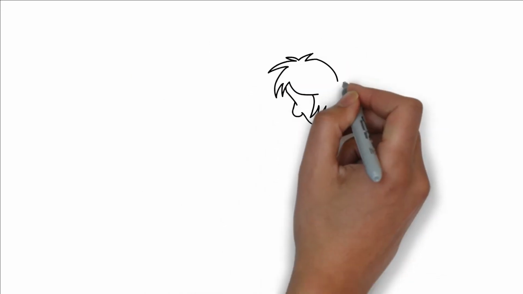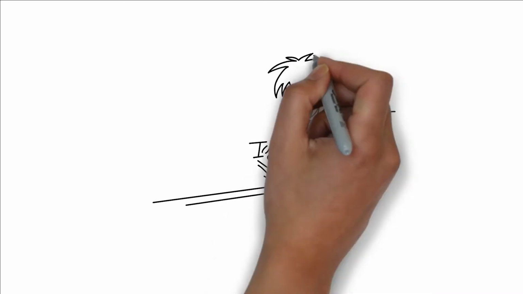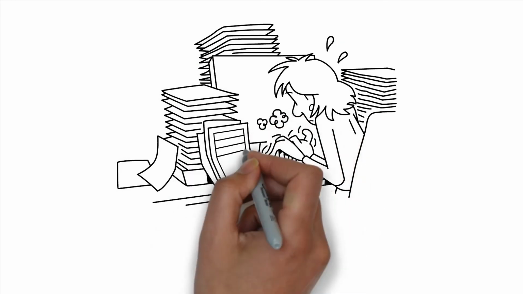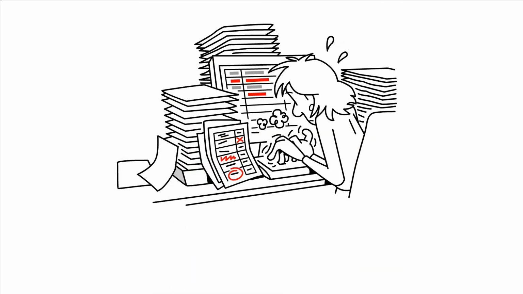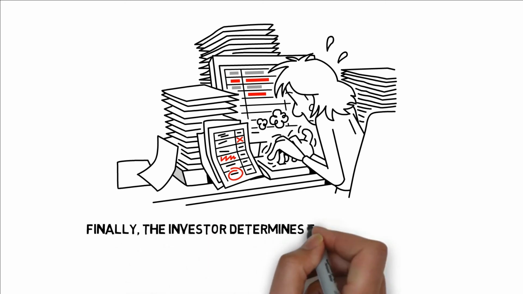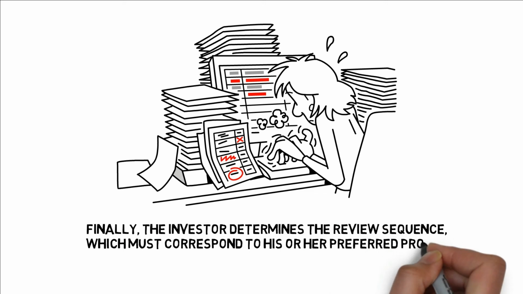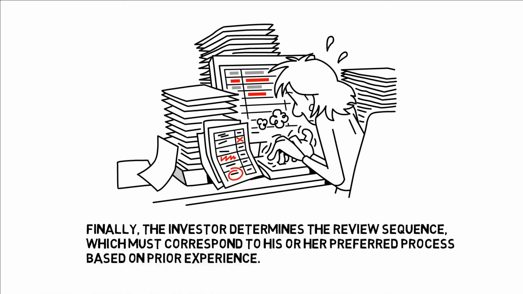The danger is that without a basic understanding of the business, certain figures in the financial statements could be misinterpreted in a way that obscures the true economics. Finally, the investor determines the review sequence, which must correspond to his or her preferred process based on prior experience. So nothing is set in stone.